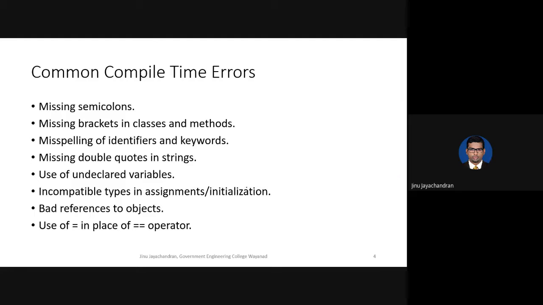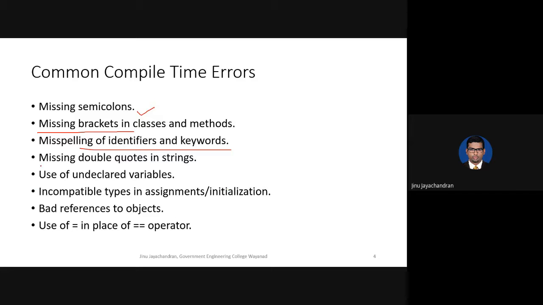Other possible errors are: a missing semicolon, missing brackets in classes and methods, or misspelled keywords. For example, instead of int, you might have written integer, or instead of float, you might have written FLAOT. All these come under misspelling.